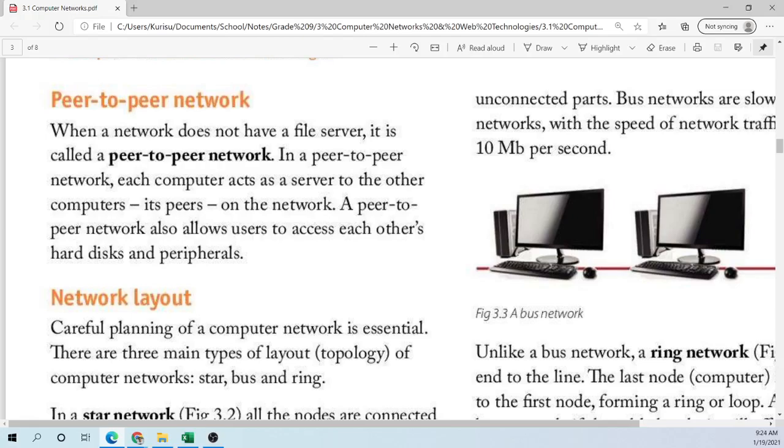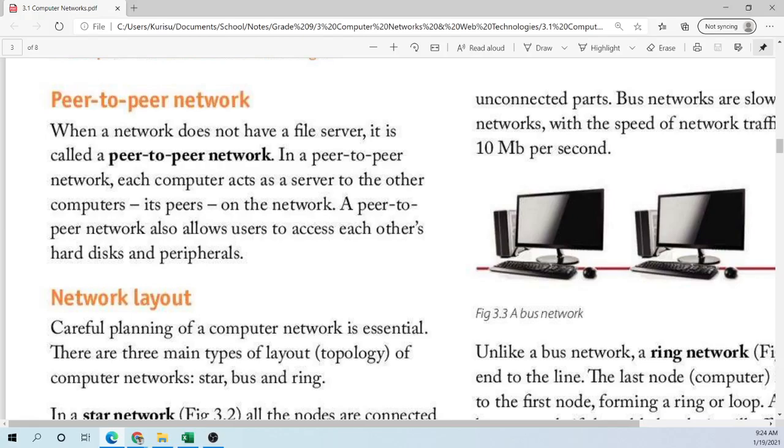So when you have a large network, it makes more sense to have all of the data, all of the resources on a central computer. That is why you would have a server. But when you have a small network, it doesn't really make much sense for you to have a server because then you will have more cost and expenses and so on. So in those cases where you do not have a server, it is called a peer-to-peer network.